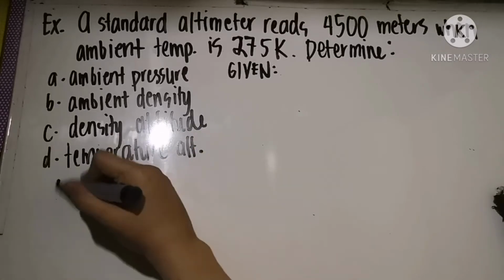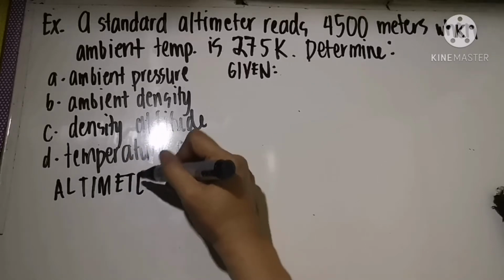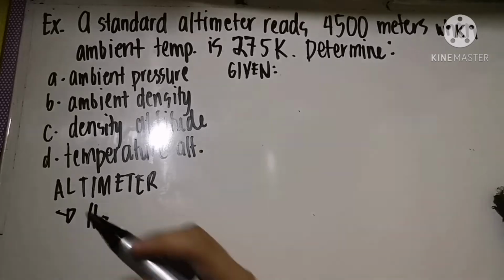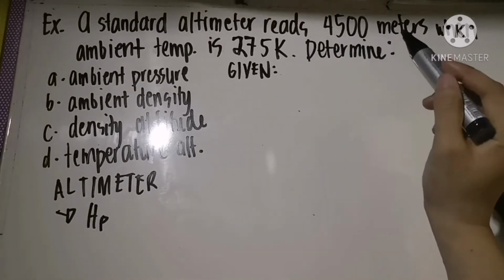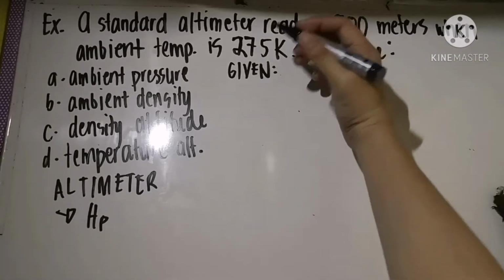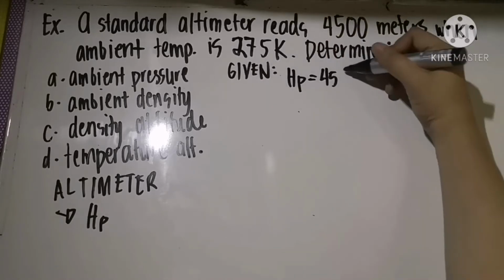So, HP. Sabihin, itong nabasa ni altimeter na 4,500 meters ay pressure altitude. So, we have pressure altitude na 4,500 meters.